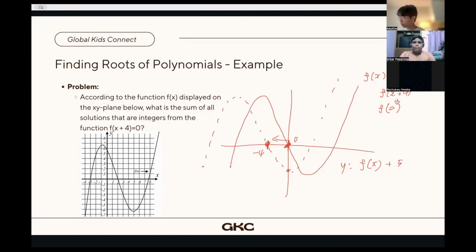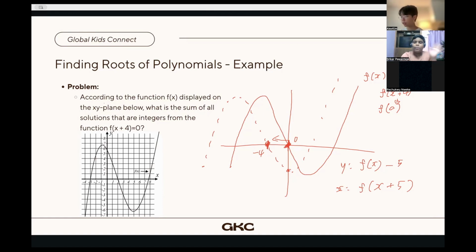And if you added negative 5, on the other hand, you decrease or shift it downwards by 5. But then the opposite notation is true for shifting in the x direction. And so if you shifted it by positive 5, or x plus 5, then we shift it to the left by a magnitude of 5.